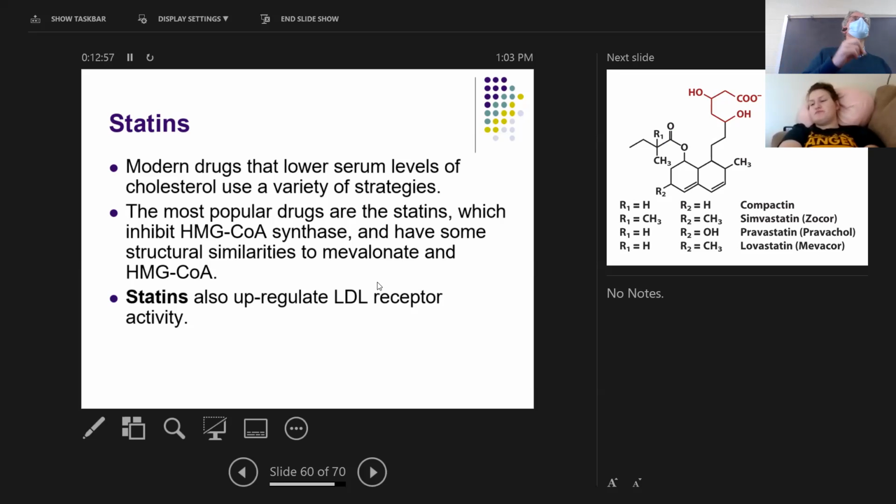So an added bonus of these drugs that was not anticipated when they were made is that you increase clearance of LDL. That's why they can drop LDL levels so respectably.